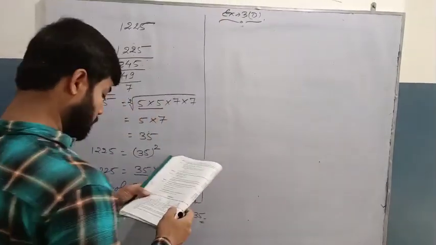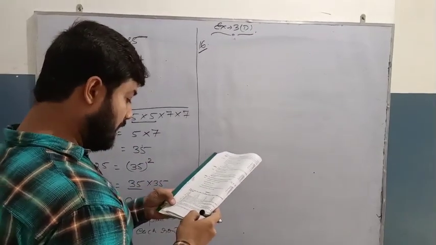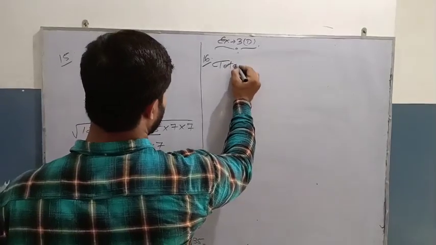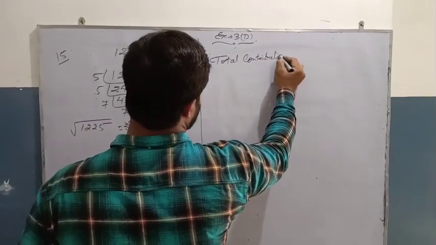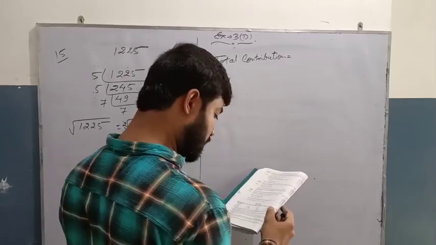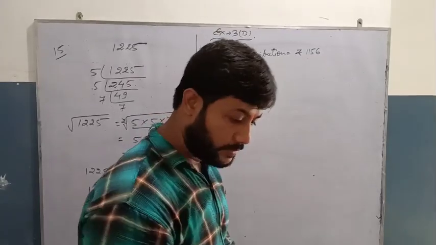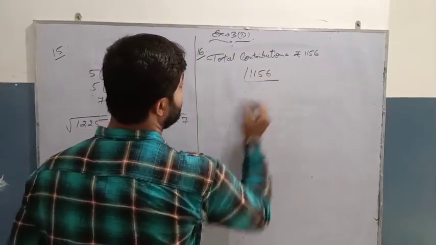So question number 16. The total contribution is given as rupees 1156, right? So we will go for its prime factorization. 1156.